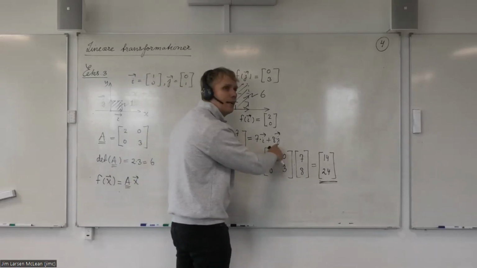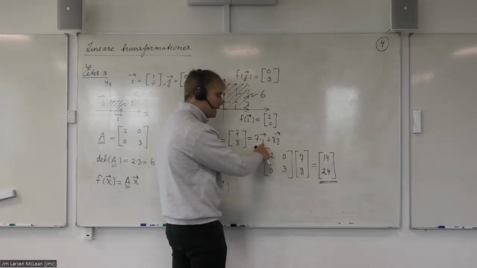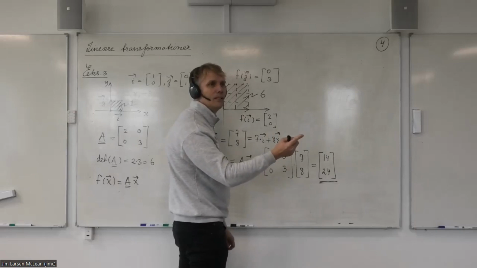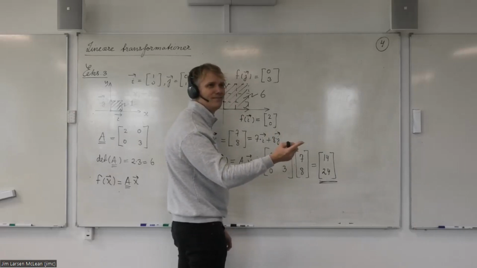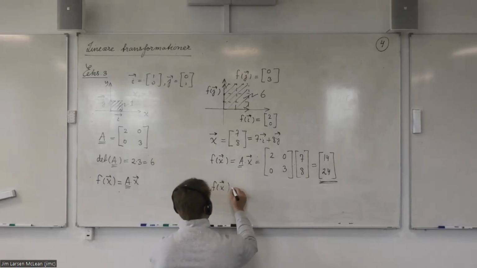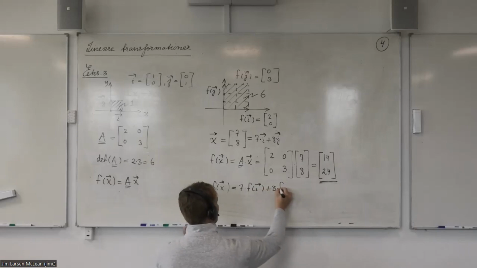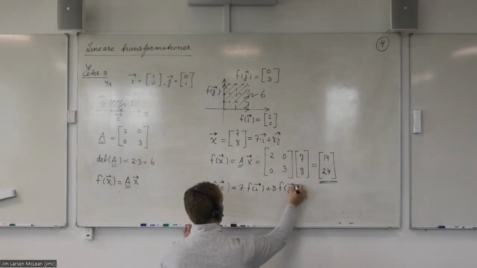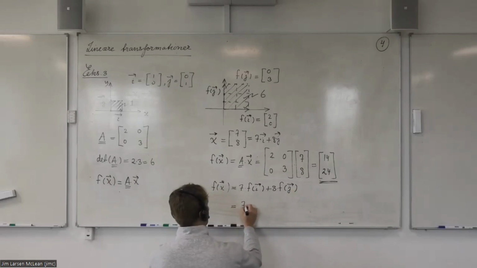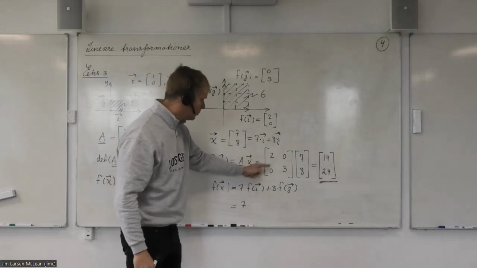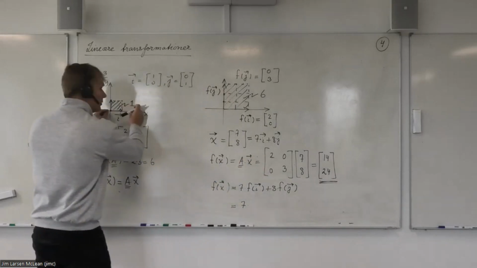But it's not supposed to be in i, and it's not supposed to be in j. It should be the images of i and j. This also gives 7 times the image of where i lands, plus 8 times the image of where j lands. So that gives 7 times what? Where does i land? We know that. It lands at (2, 0) because it had been stretched by a factor of 2.